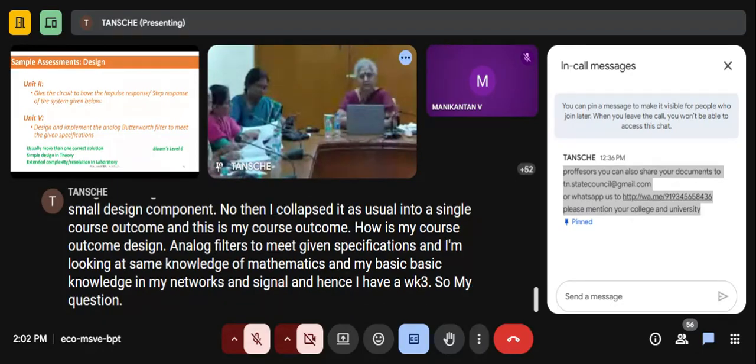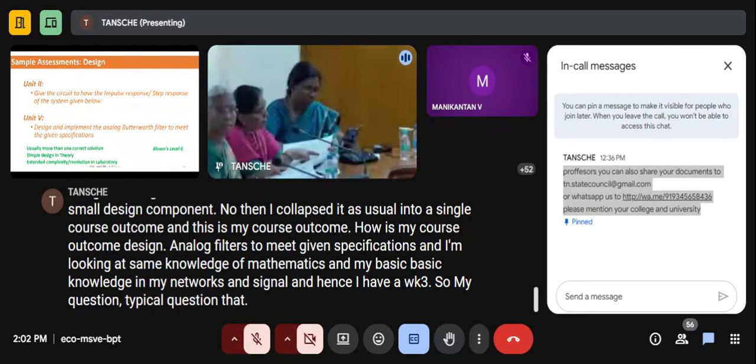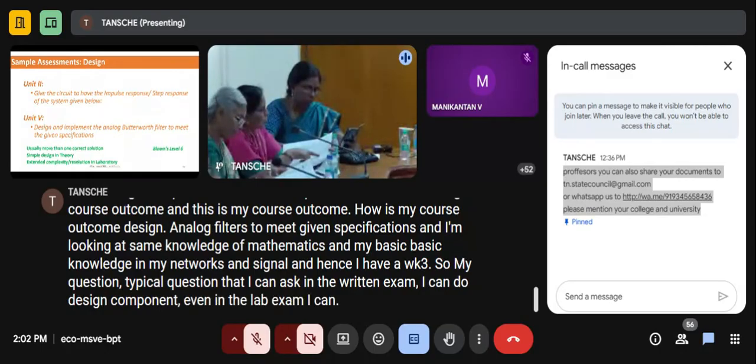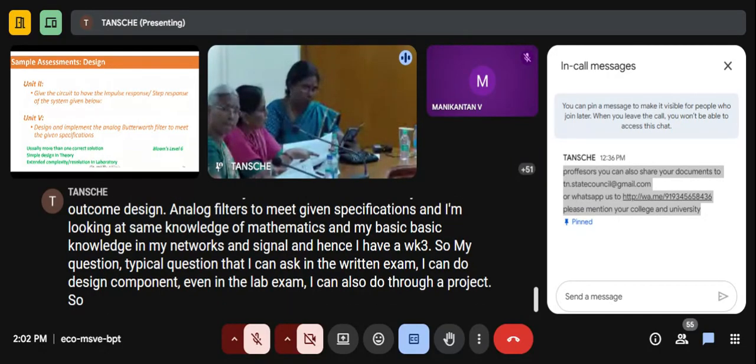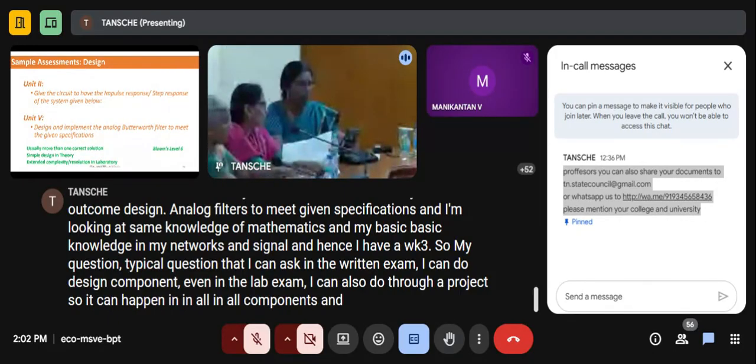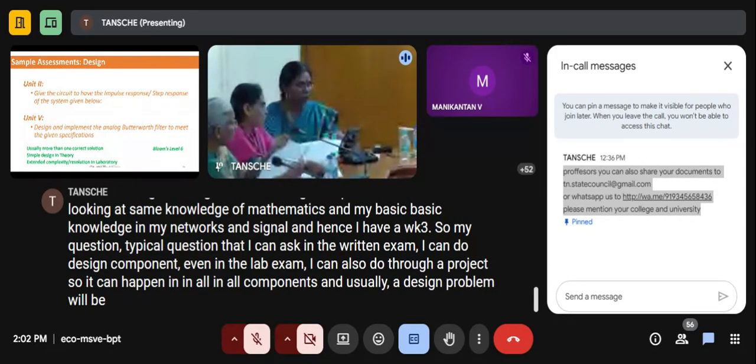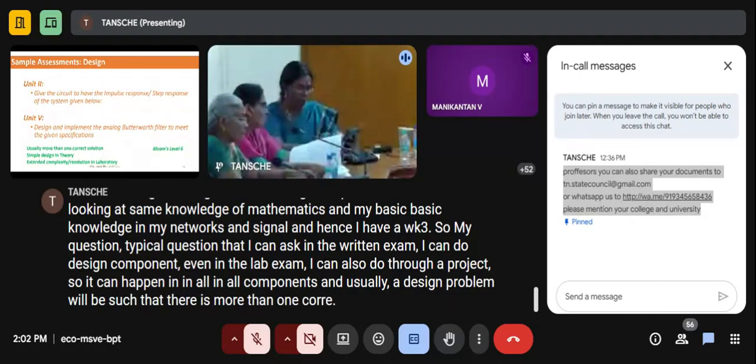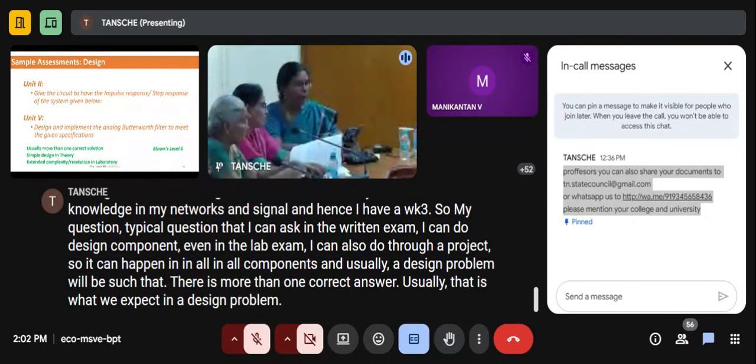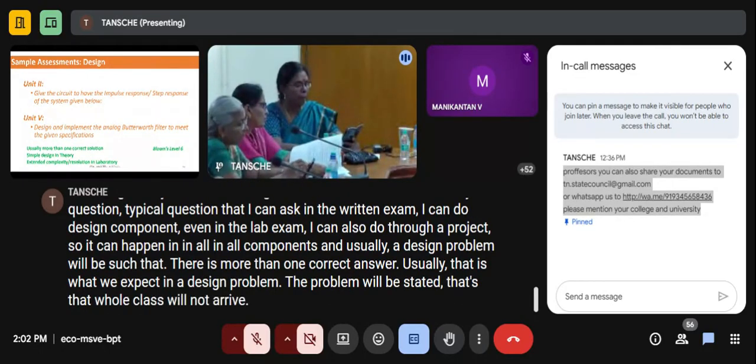A typical question that I can ask in the written exam, I can do a design component. Even in the lab exam, I can also do it through a project. So it can happen in all components. Usually a design problem will be such that there is more than one correct answer. The problem will be stated such that the whole class will not arrive at the same answer.